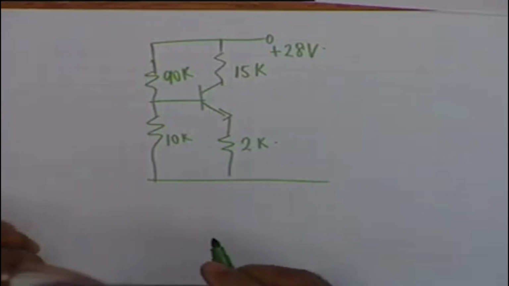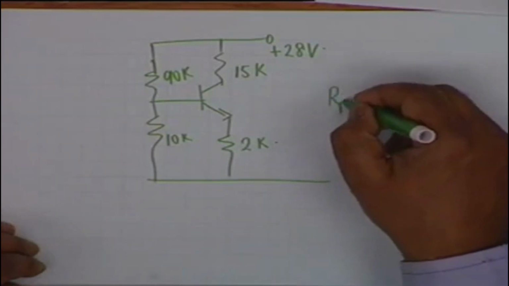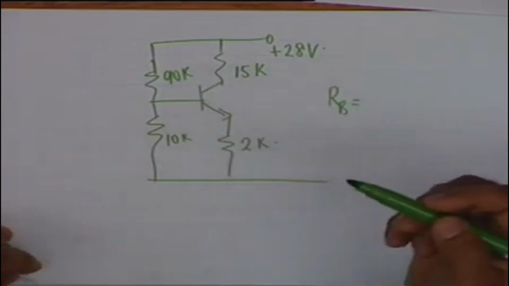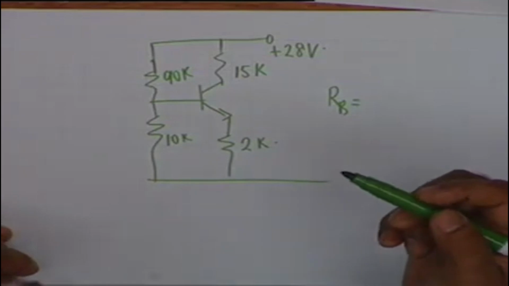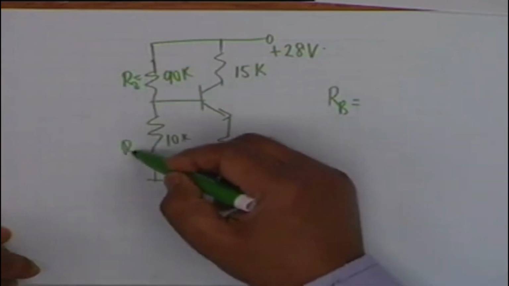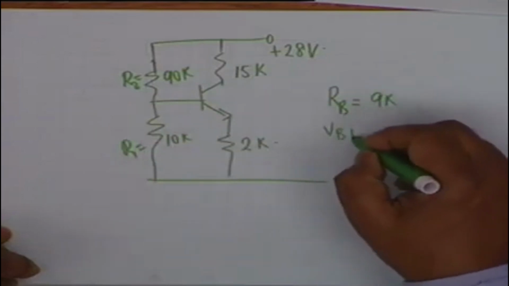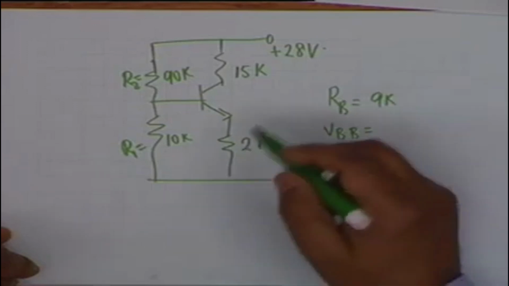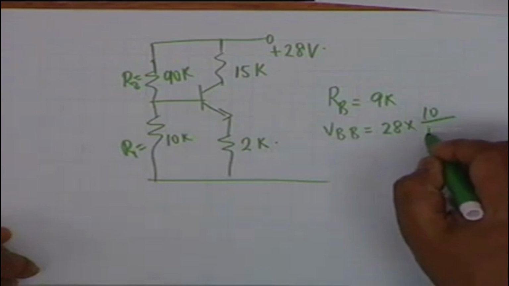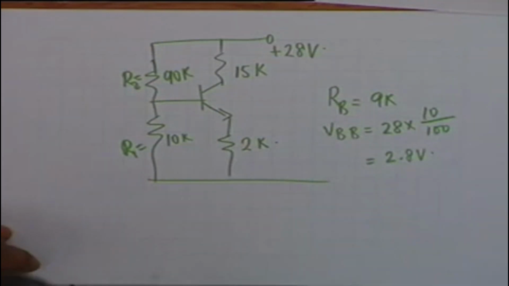To evaluate the worst case currents, obviously you require the value of R sub B. R sub B is the parallel combination of 90K and 10K. If you recall, it's the parallel combination of R1 and R2. So it is 9K, and V sub BB is 28 multiplied by 10 divided by 100. So it is 2.8 volt.